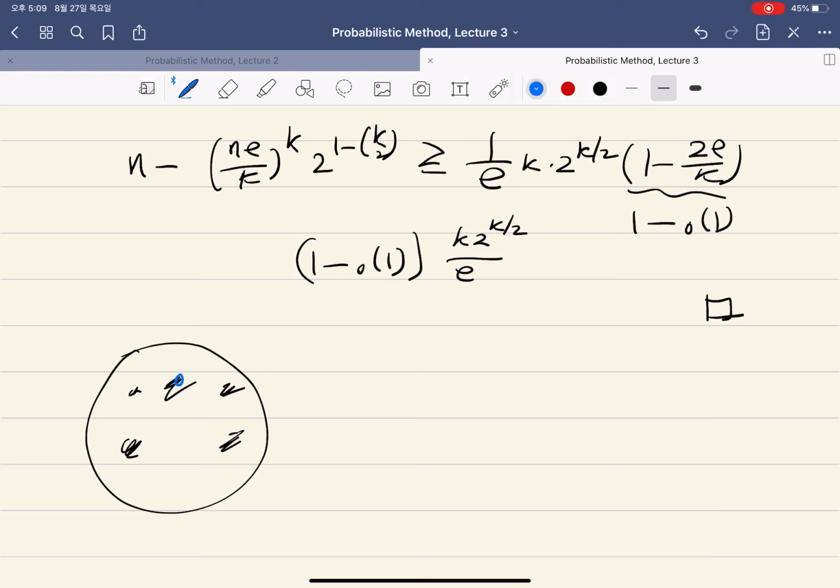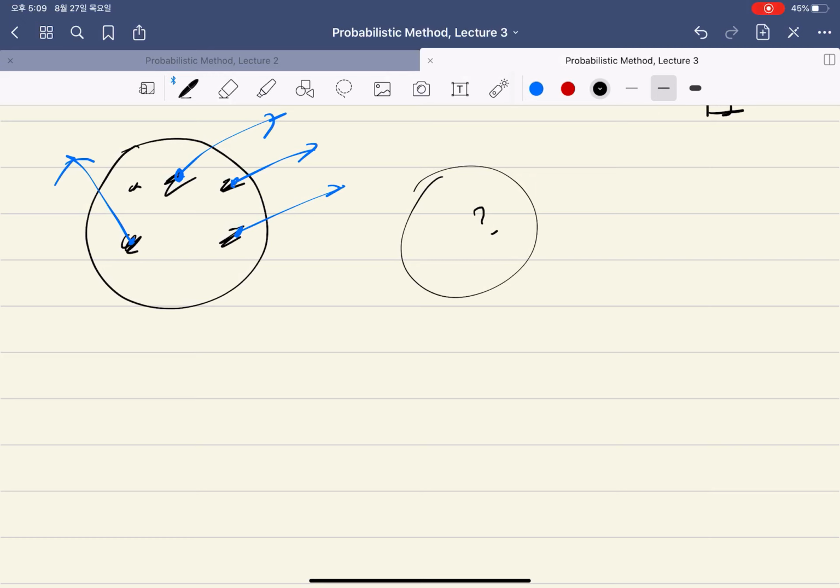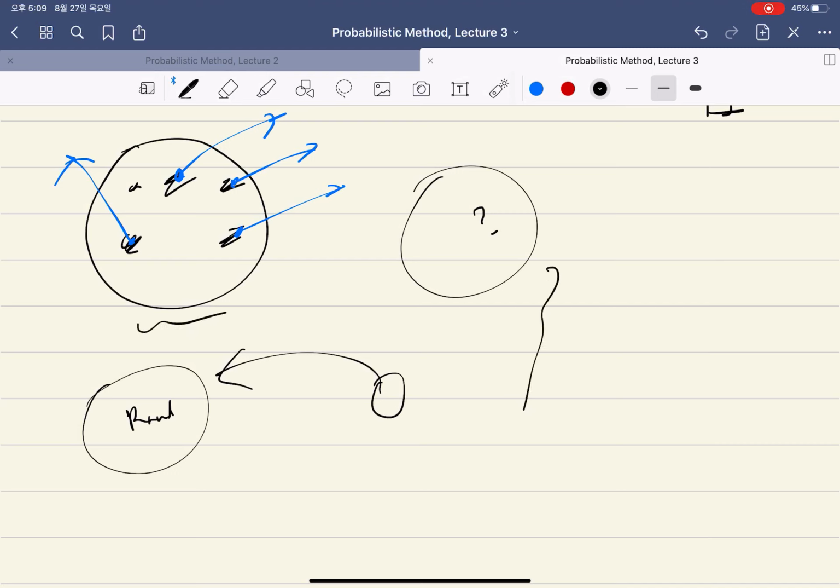Then you just delete some part of it to destroy all the bad structure, and then you get what you want. And sometimes you actually take some random object and then add something. So it could be called the addition method, but in total you make some random object and then you alter something to get what you want. So it's called the alteration method.